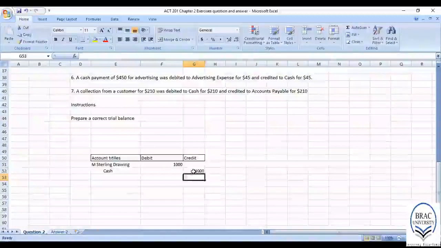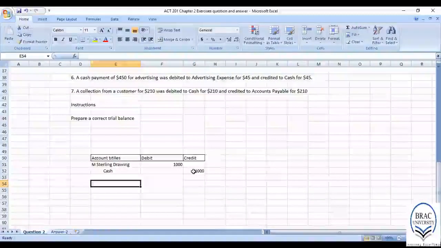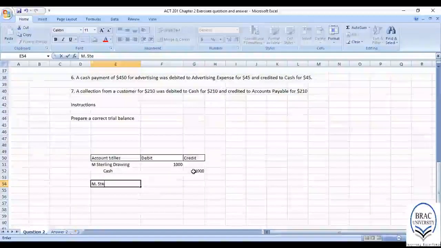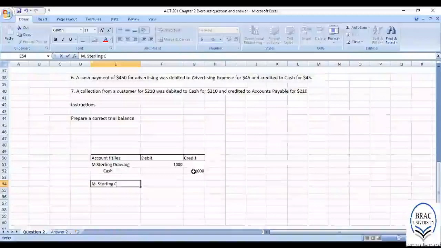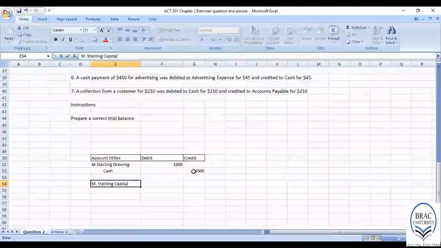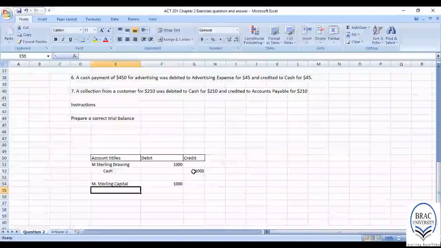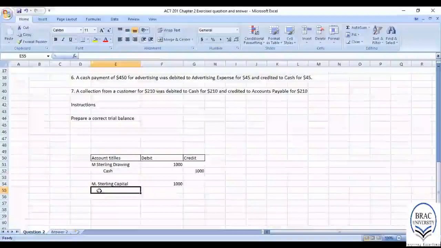But in this case, they debited M Sterling Capital for $1,000 and credited cash for $1,000.